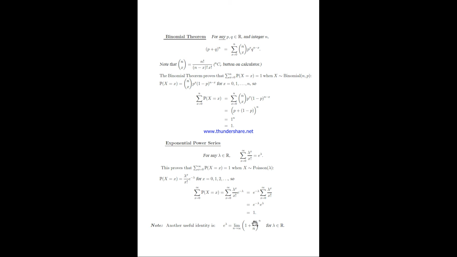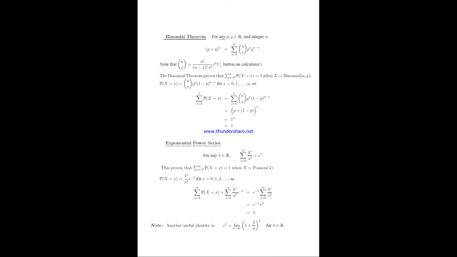Right? There's another useful thing that you can remember, that is e to power lambda is equal to (1 plus lambda over n) the whole thing to power n, where n goes to infinity. So if you have this limit, you can replace that by e to power lambda when you are doing the calculations.